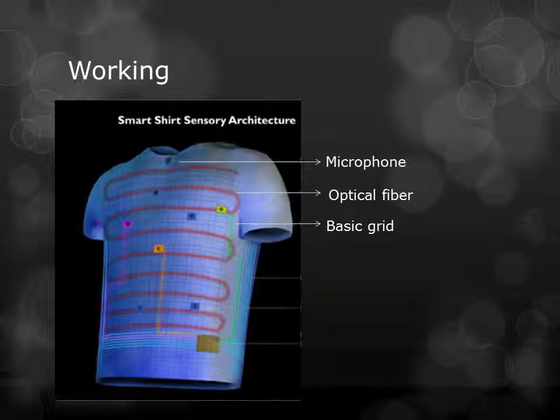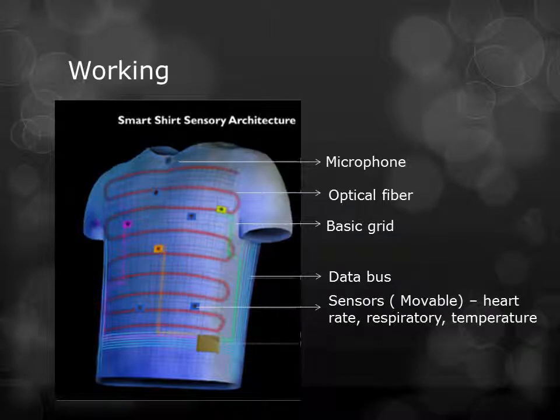Next is the basic grid system, which is connected to the data bus and is a way of locating where the soldier is wounded. Next is the data bus itself, which is a way of communicating from the sensors to your processing unit, which is the brown square thing at the bottom.